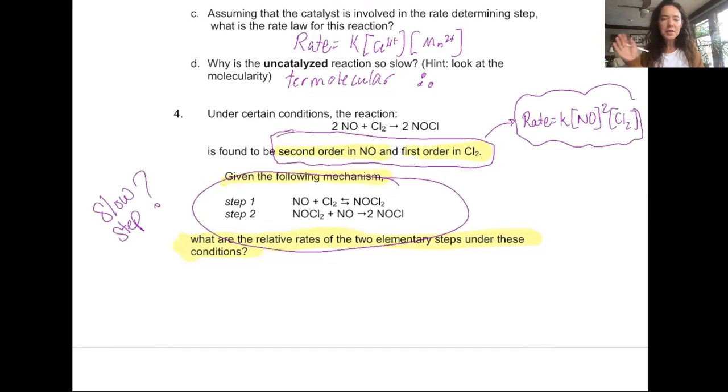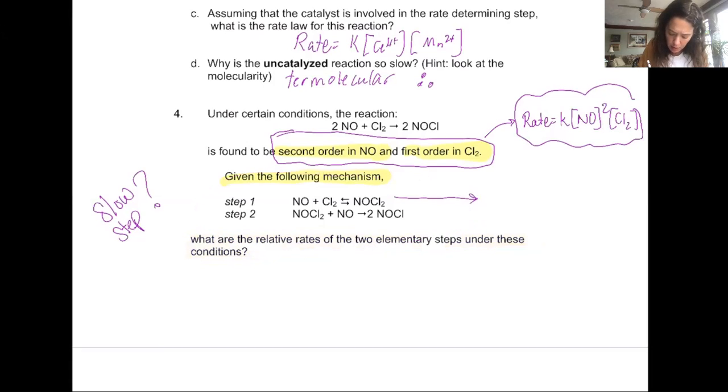Okay, well, let's get the rate laws. Here, let's at least start at the top. All right, let's clean this up. Rate, if this was the slow step, then the rate would be equal to k [NO][Cl2]. Well, that's not the same as that. So this should not be our slow step.